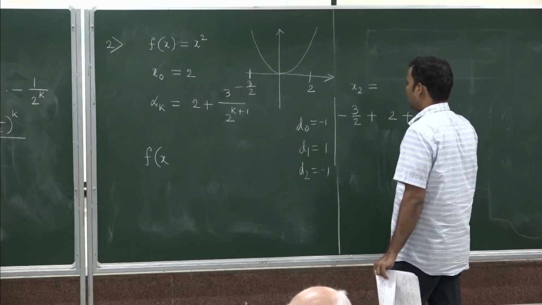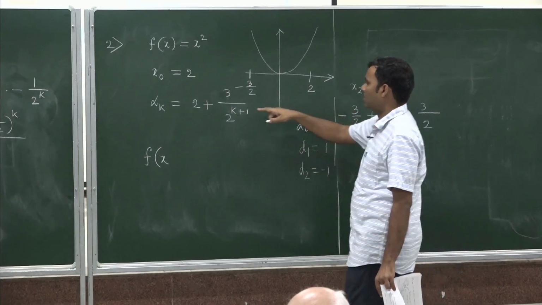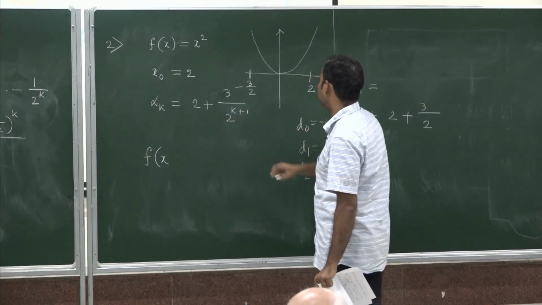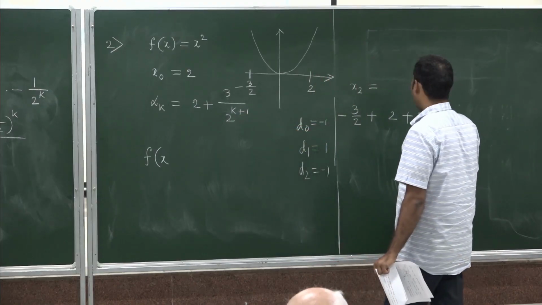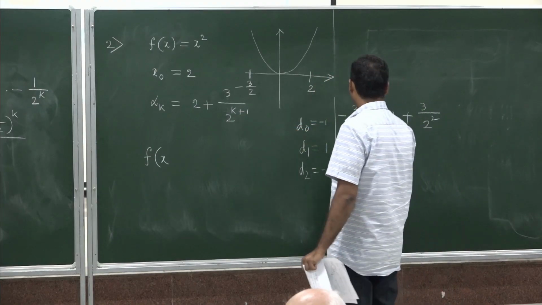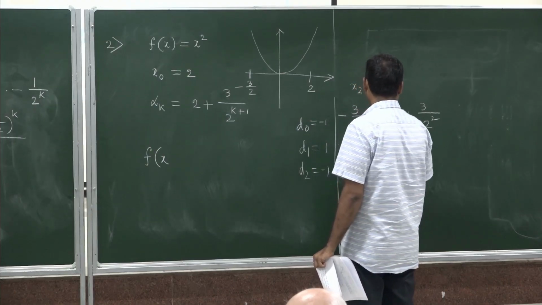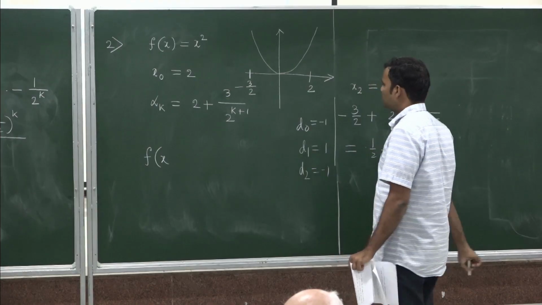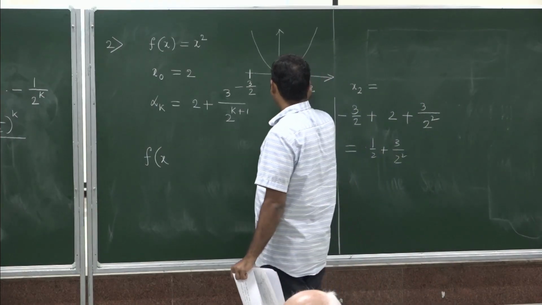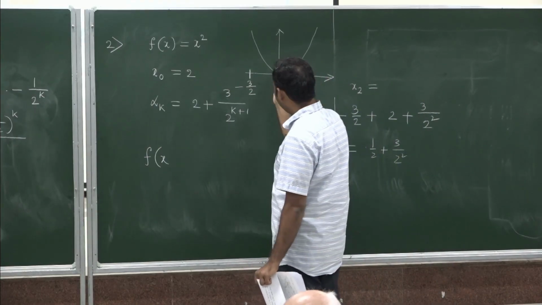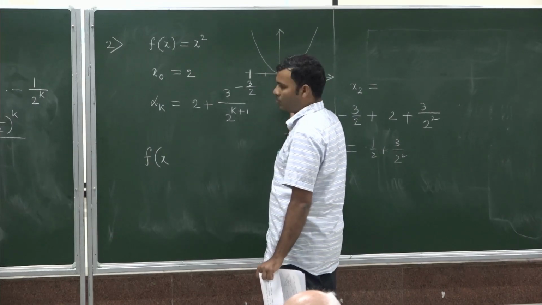At x2, so here x0 it was 2 square, fine, and this much is your minus half plus 3 by 2 square, positive.